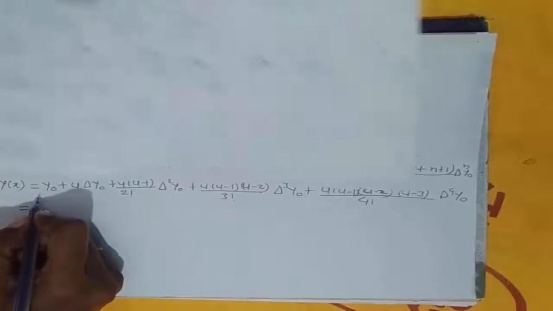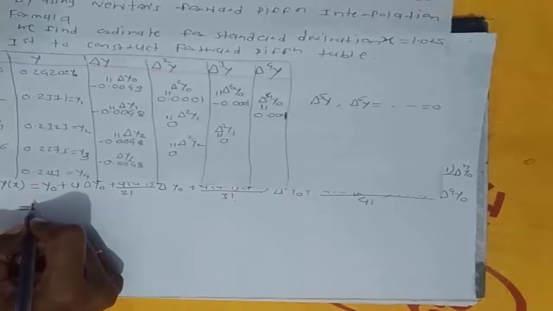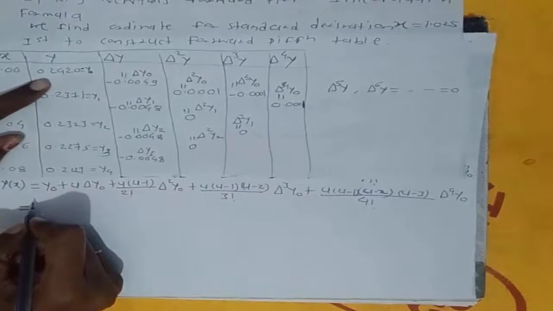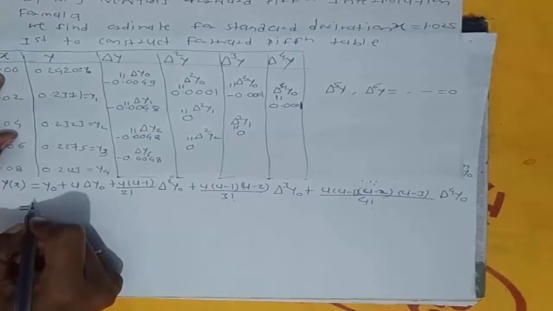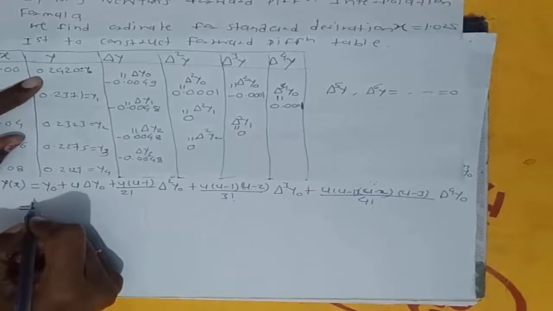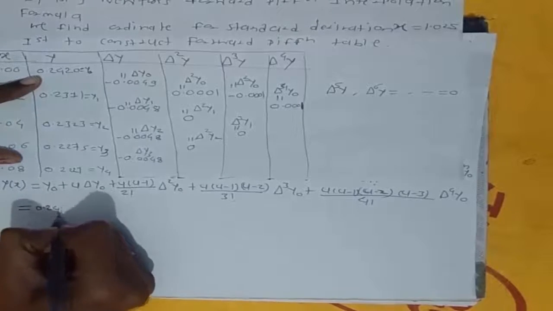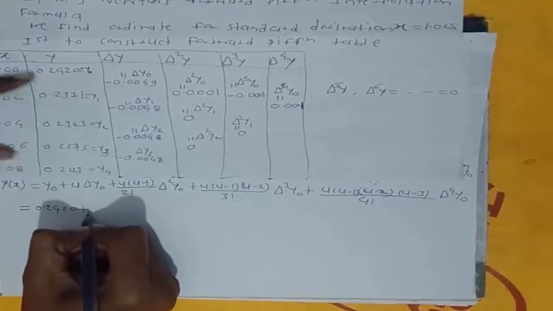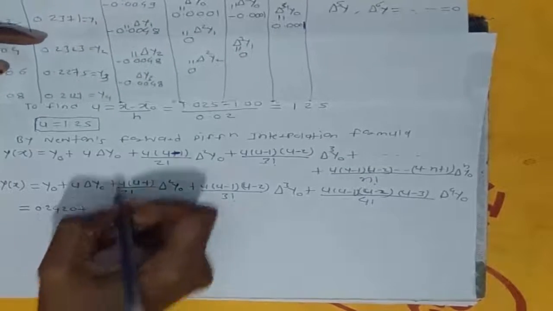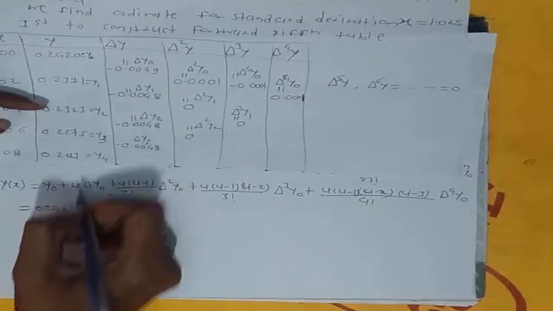Again see here from this forward difference table, y0, that is the value of the function at point x0, will be this. We put here the value 0.2420 plus u, we can find u is equal to 1.25.